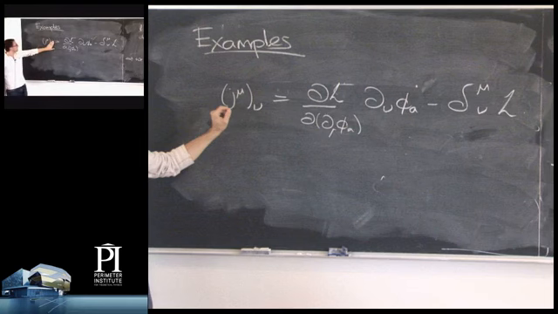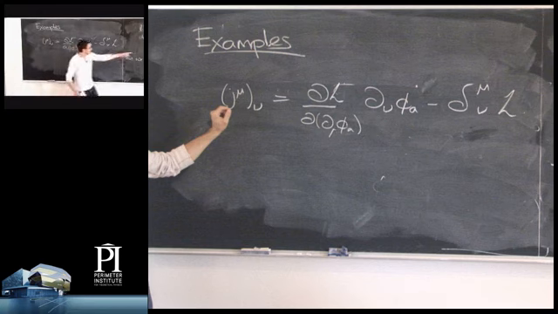This is the current. Okay, so the mu index at the top there is the mu index that we already saw in Noether's theorem. This new index here is the thing that goes 0, 1, 2, 3, because we have 4 different currents that we're computing.